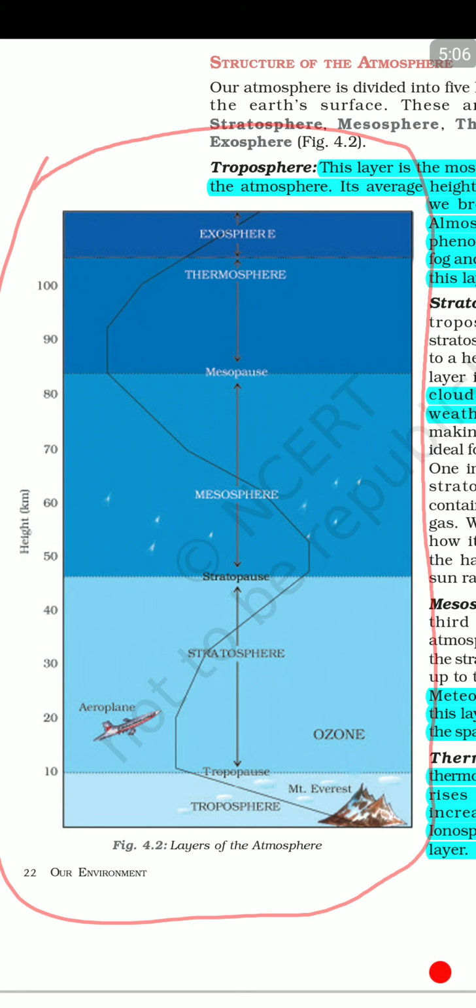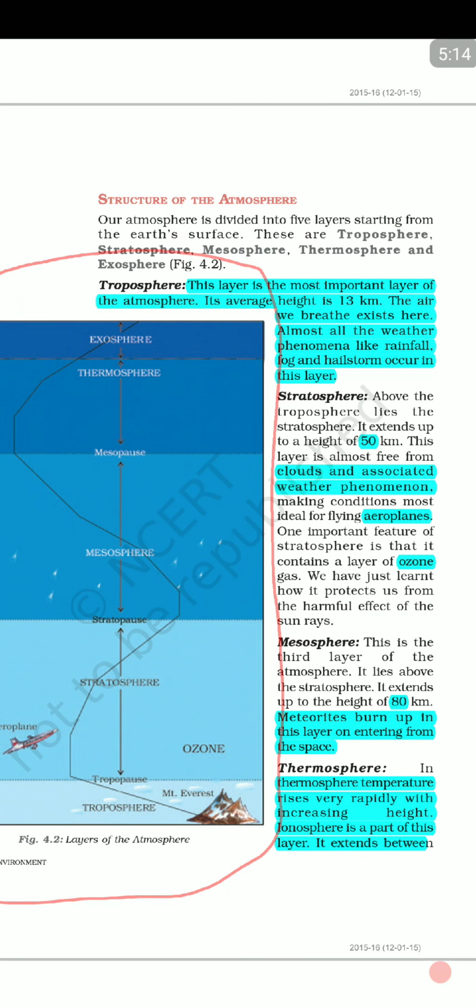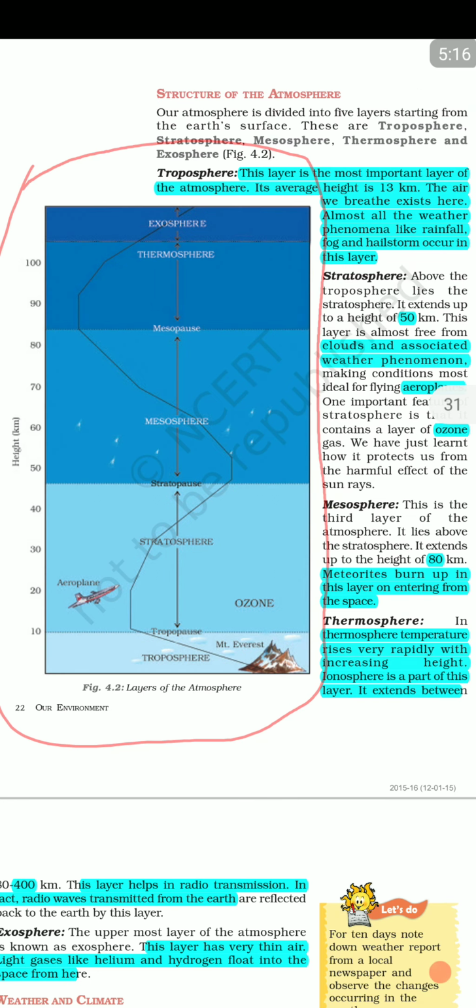The increase from about 30 to 32 kilometers is very high, so somewhere here is our ozone layer. This is the stratosphere, where the temperature rises after a fall in the troposphere, but there are no clouds, and this layer is used for air travel and jet movement. The stratosphere extends from 13 kilometers up to 50 kilometers.